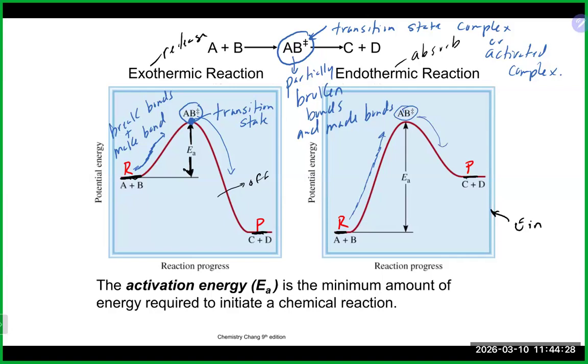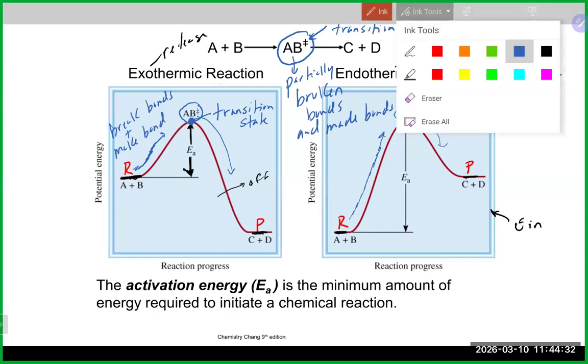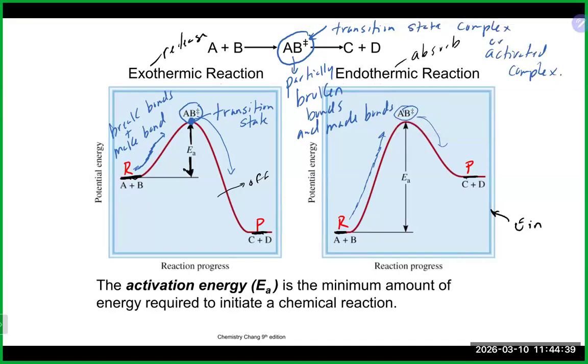Now, we know that this is an exothermic and an endothermic reaction based on the position of our reactant and product molecules. And as you may remember, one way that we display that is with delta H, which is the change in enthalpy. It's basically the heat of a reaction.